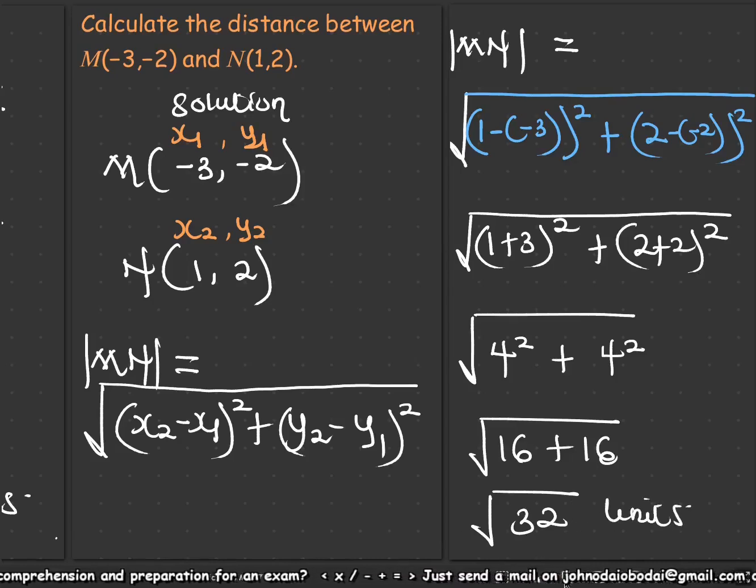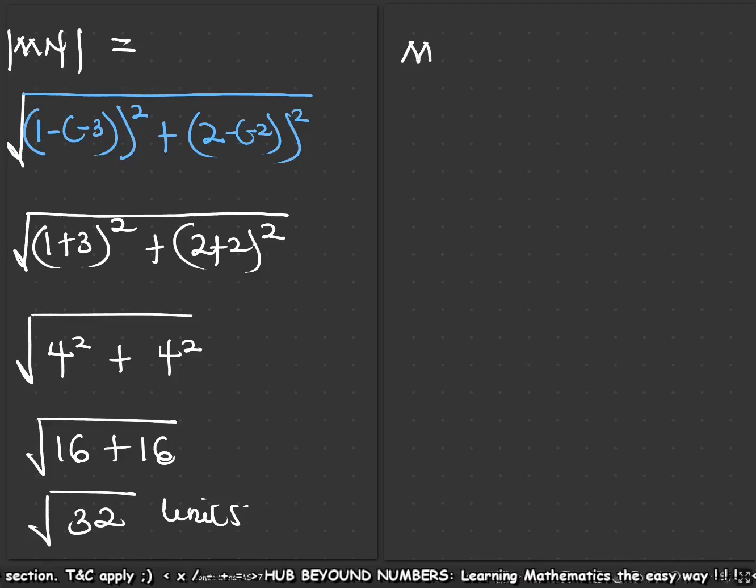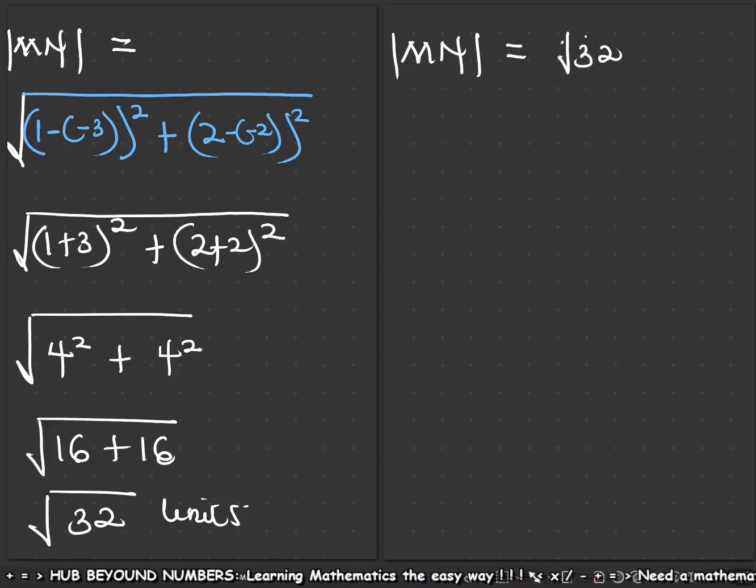We know 32 is not a perfect square, hence there is no need evaluating further. Okay. If you have done surds, there will be ways you can do that, but that is beyond the scope of this video, and hence you are going to leave it this way. So you say the magnitude of MN is going to be root 32 units.